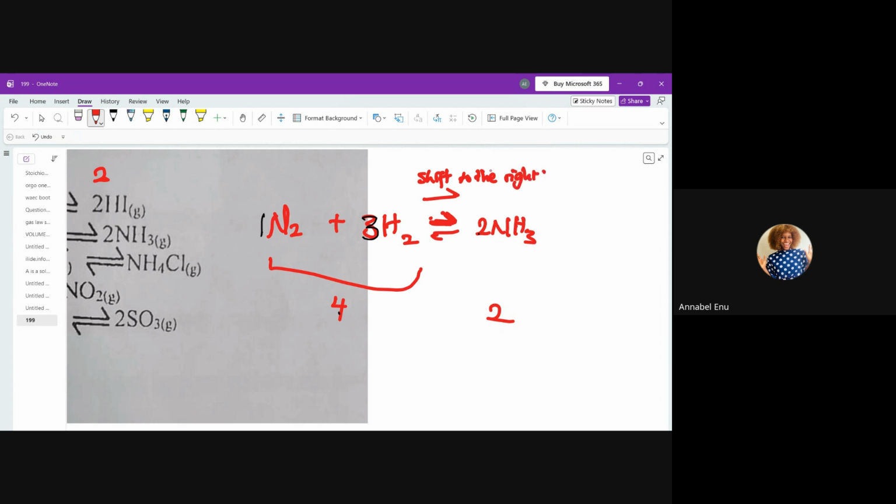Okay, the essence of all this is Le Chatelier's principle. This is where Le Chatelier comes in in chemical equilibrium. The principle tells us the opposing character of gas particles that participate in chemical equilibrium.